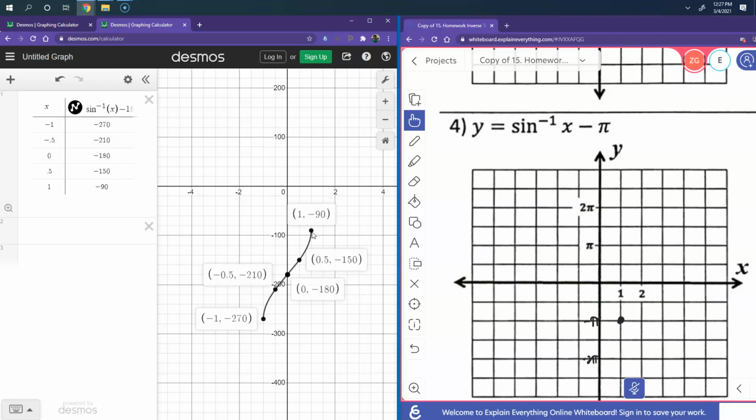I know at 0 it is negative 180. And I have to go down to negative 270.